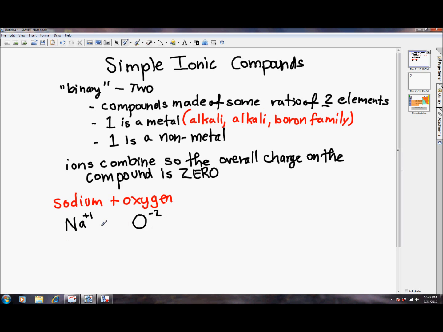So what that means is that when these two elements combine, you don't combine in a ratio of 1 sodium to 1 oxygen. We are going to need to have 2 sodium ions for every 1 oxygen ion. That will add up to 0.